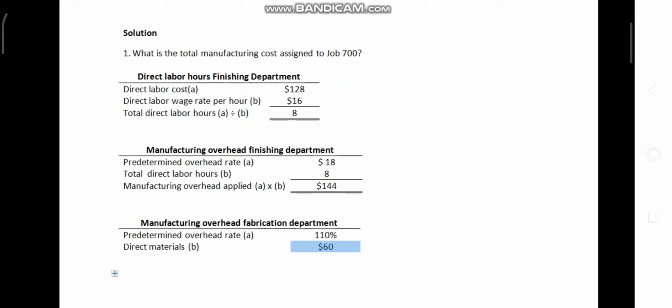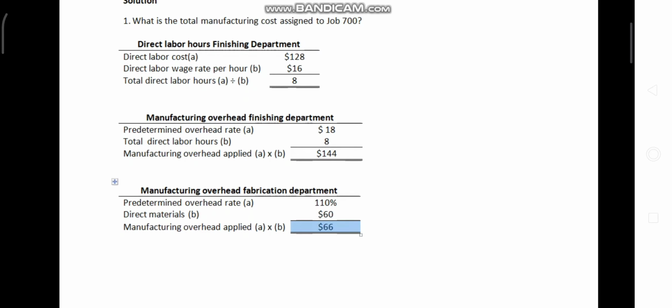So I'm going to use this data to calculate the manufacturing overhead. 110%, direct materials is $60. We multiply these two, we get our manufacturing overhead applied. Now we have this information, we can simply calculate the total manufacturing cost assigned.